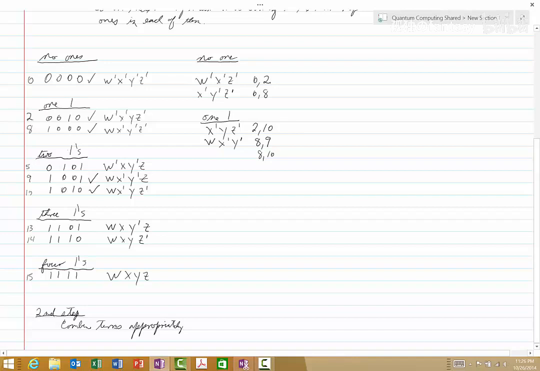And we're left with w x prime z prime. And 10 already has a check mark by it, so we don't need to put another check. And of course 8 already has a check as well. And this concludes the groupings of terms from this group with terms from this group. Those are all the combinations.